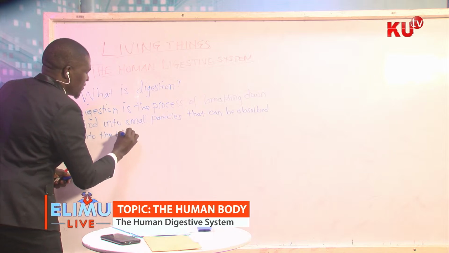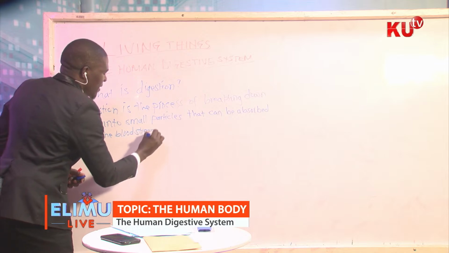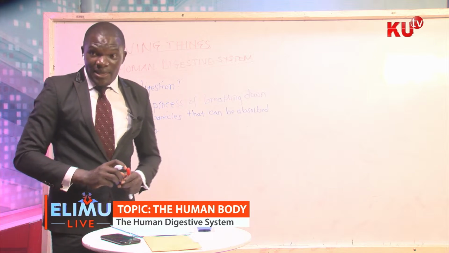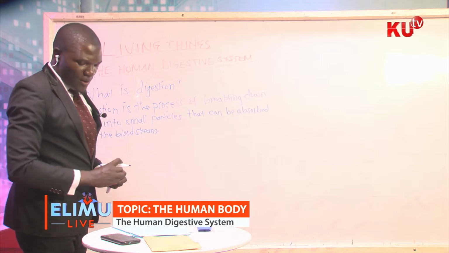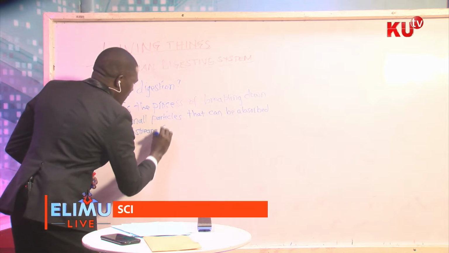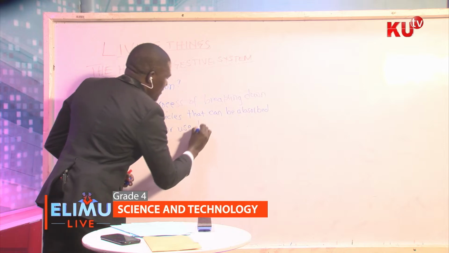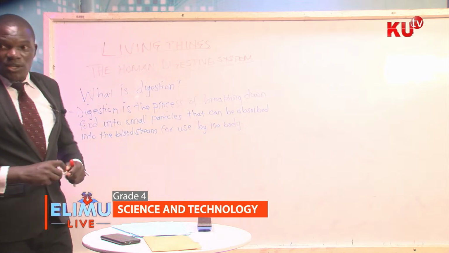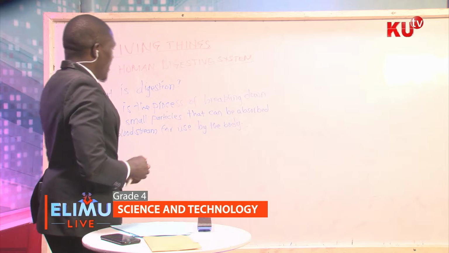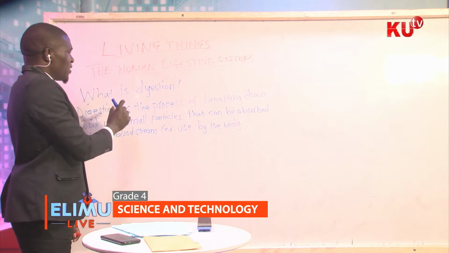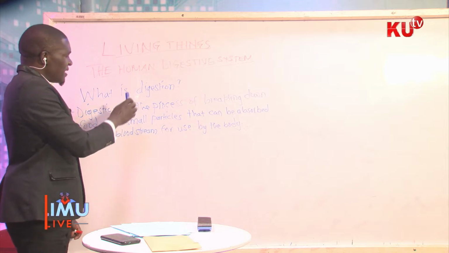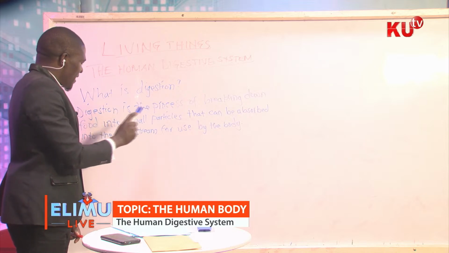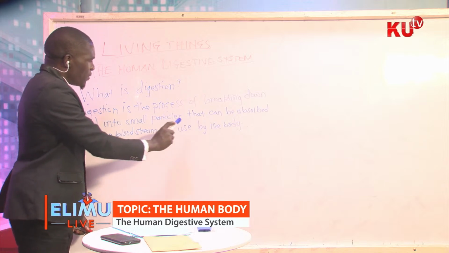And as it is being absorbed into the bloodstream, that is when the body finds the chance to use it. So when you are asked to give the definition of digestion, you have to say: digestion is the process of breaking down food into small particles that can be absorbed into the bloodstream for use by the body.